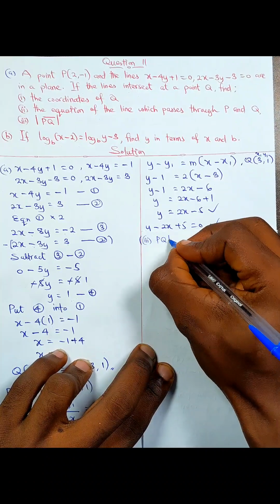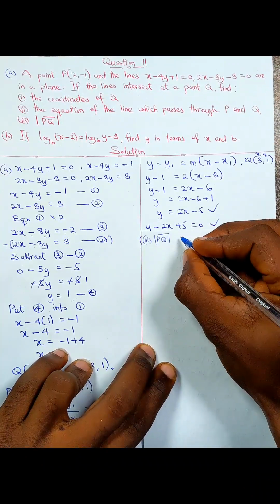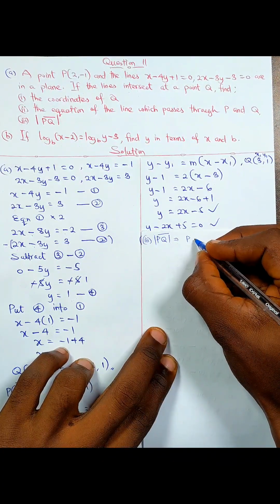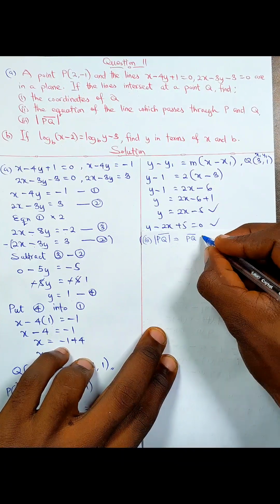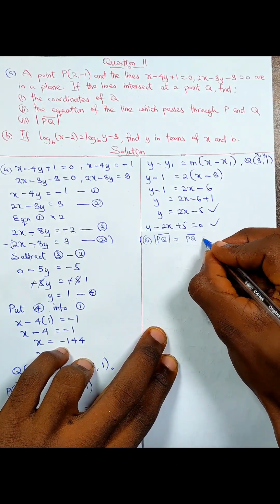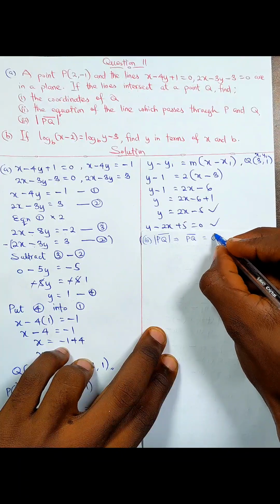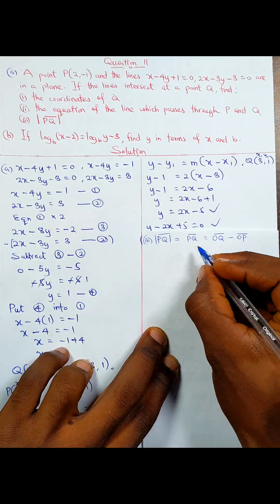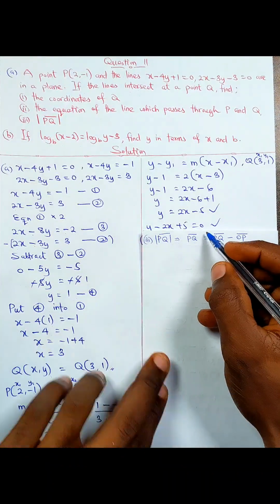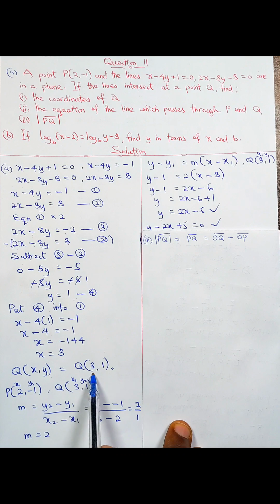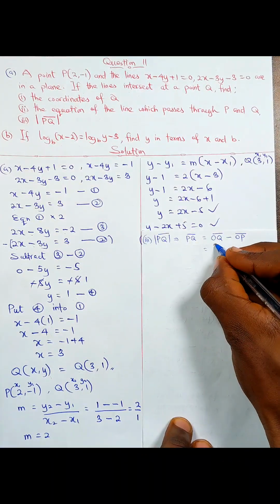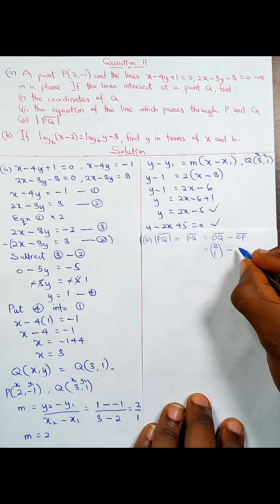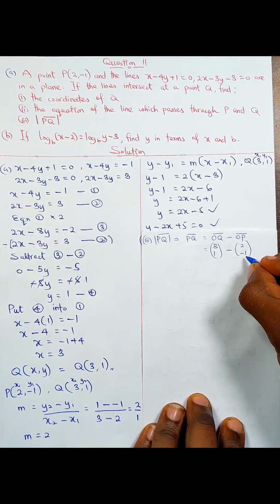First of all, we have to express the PQ vector in component form, and that gives us OQ minus OP, which is going to give us, we have Q to be 3, 1, minus P, which is 2, minus 1.